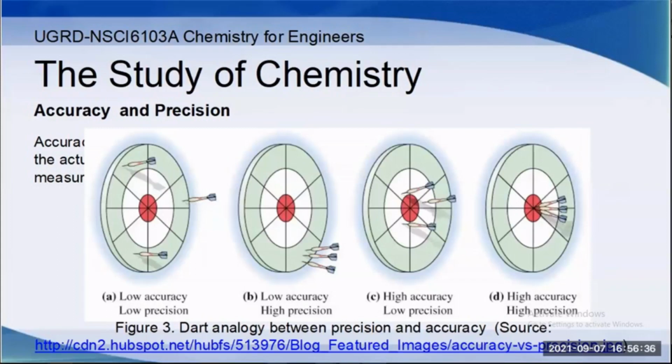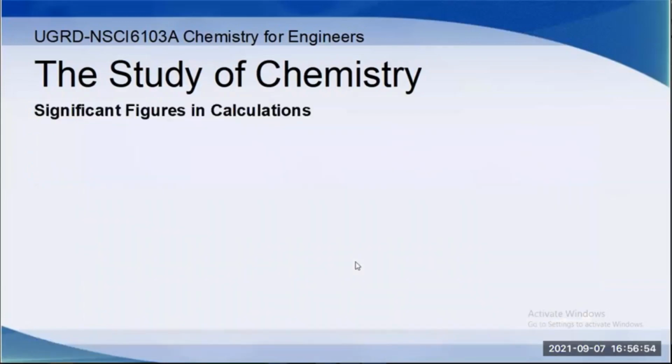If it is hitting random values, then the machine or the system is not precise, meaning it is not as reliable compared to a precise system. Okay, so anyway, that's it for accuracy and precision.